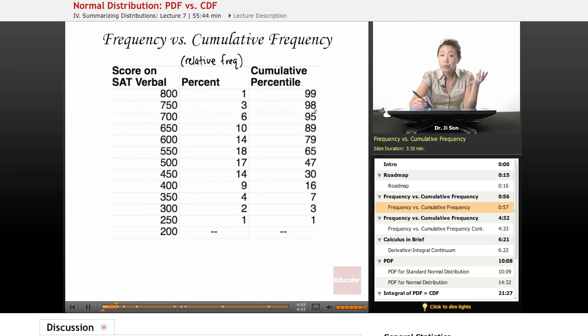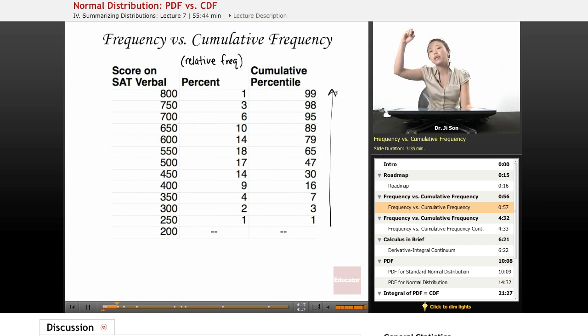And so 3% of people have been in that bracket. Another thing about cumulative frequency I want you to notice is that it's a monotonic increase. It means that there's no going up and then going down and then going back up and going back down. So there are no changes in direction. It's continuously going up and up and up. And that makes sense because you have to add up everybody who's come before you.